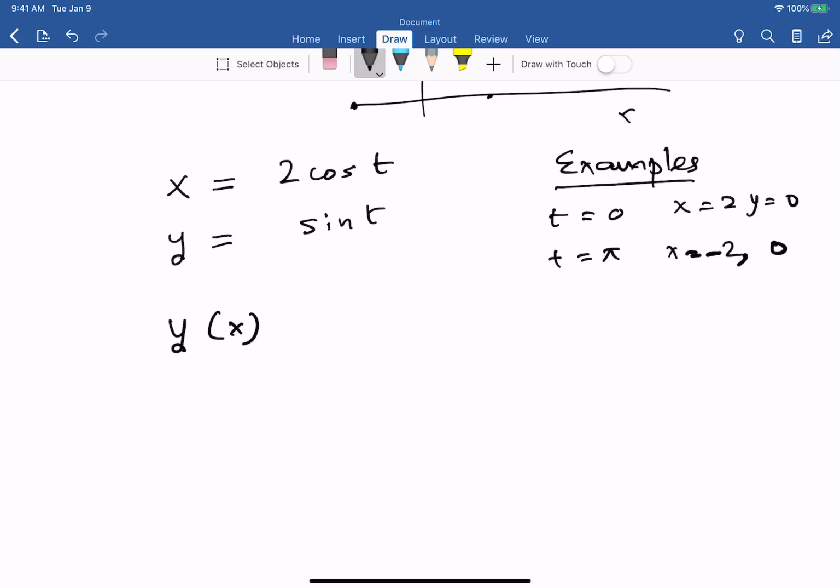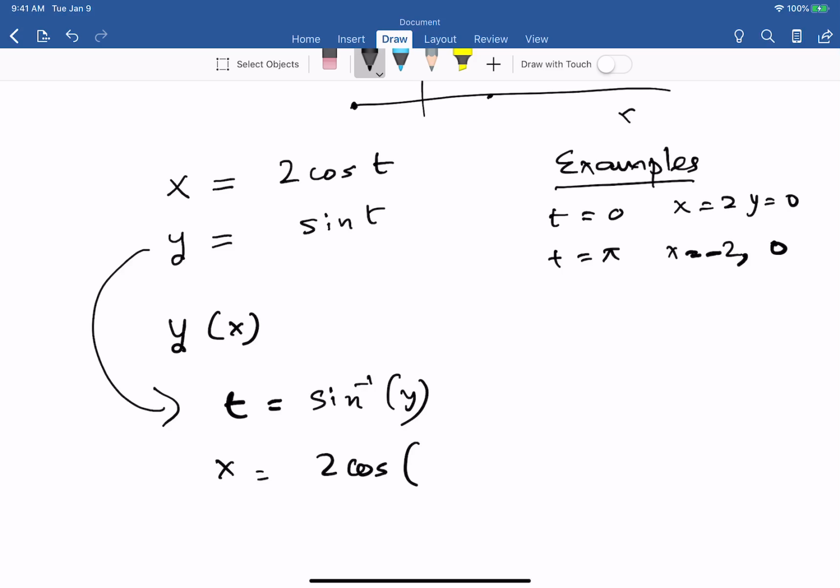So for example, from the second equation, t is equal to inverse sine of y, and then you can plug that into the first equation. x is equal to 2 cosine, and instead of t, you put in inverse sine of y, and so you have expressed x as a function of y, though we were looking at y as a function of x. So you can continue this process, and you can try to find y as a function of x. And if you correctly work through the algebra, you will get the right answer.